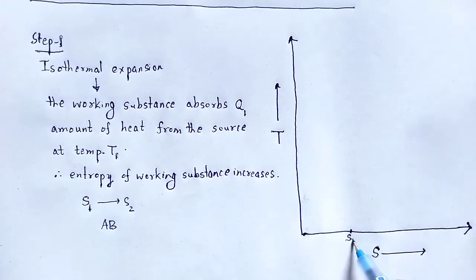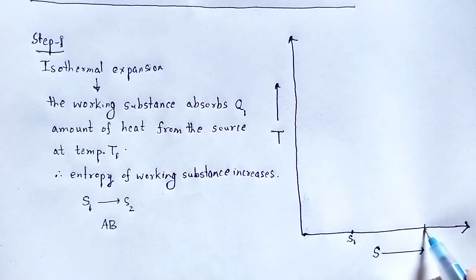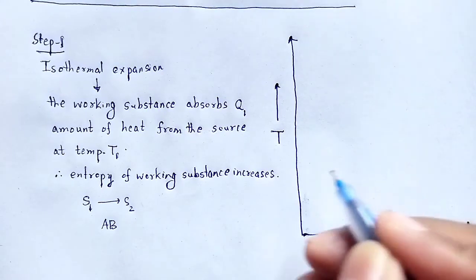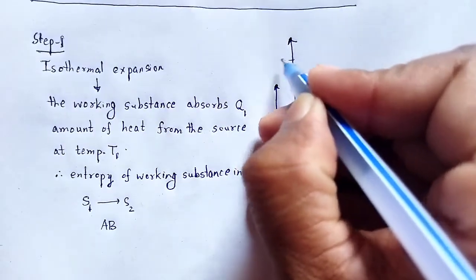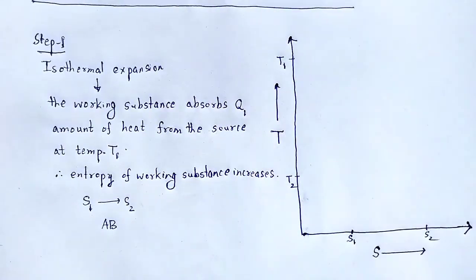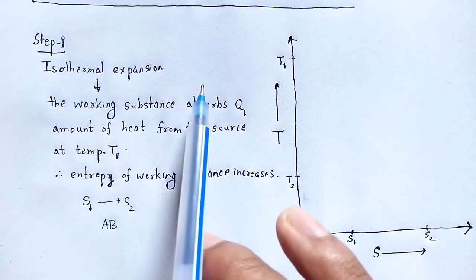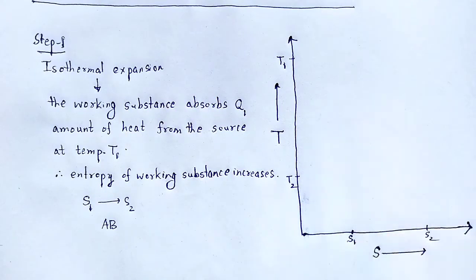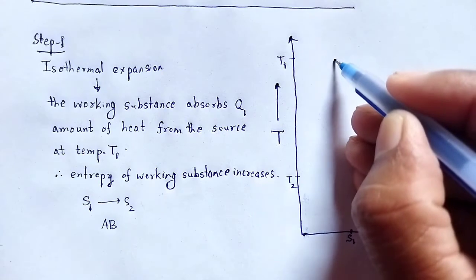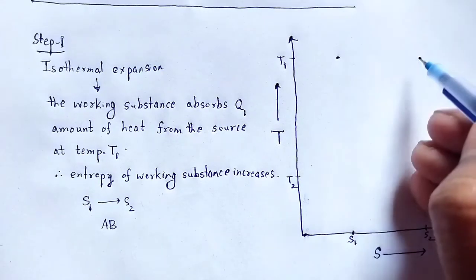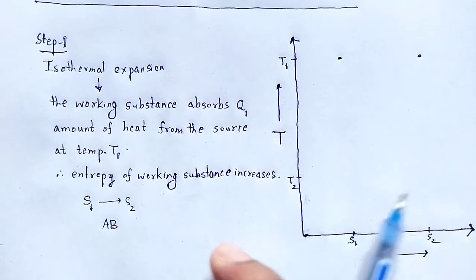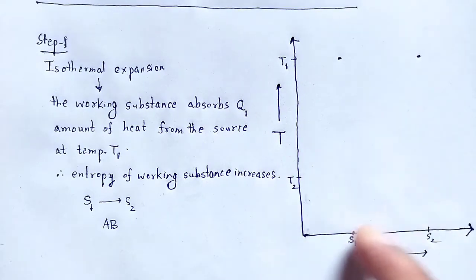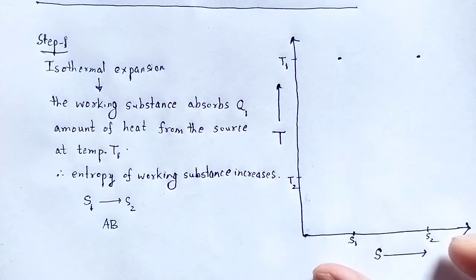Let the points be S1, S2, T2, T1, and the isothermal expansion line be AB, which is parallel to the x axis.